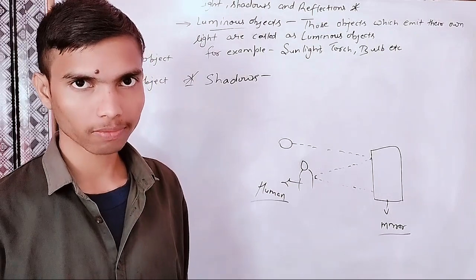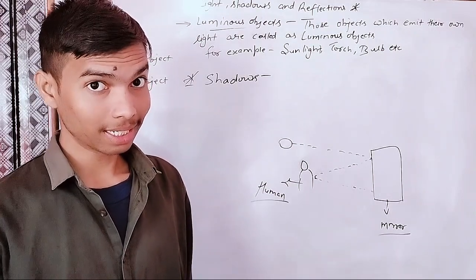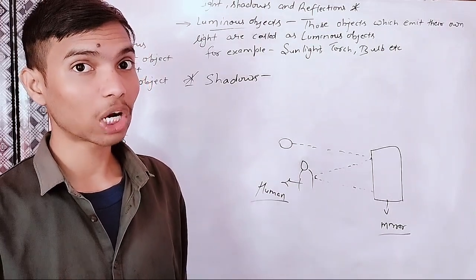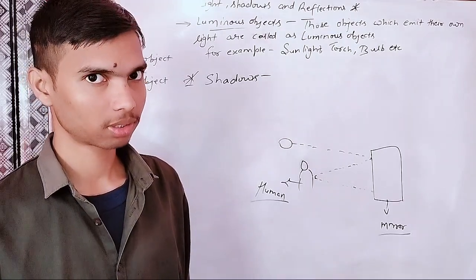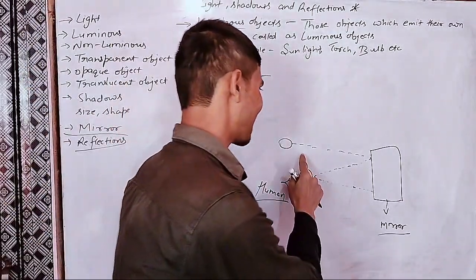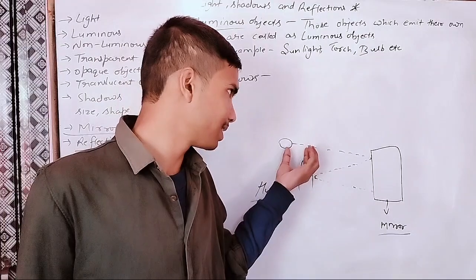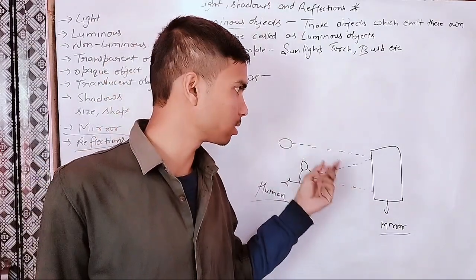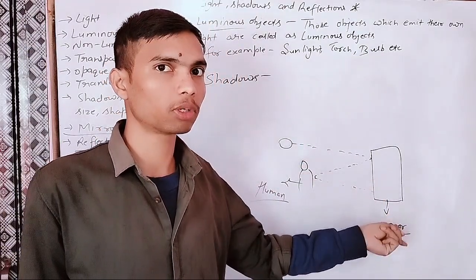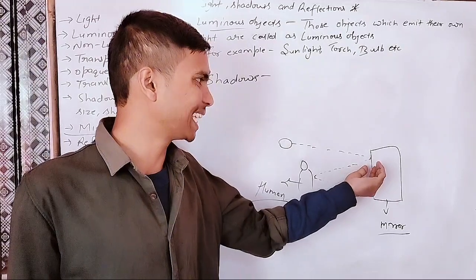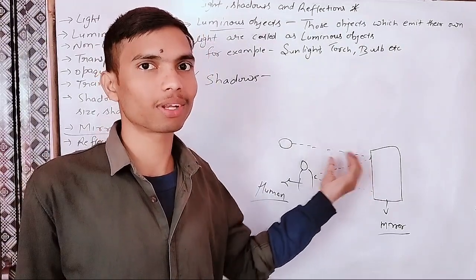Light is falling on the surface of the object, and we see reflection because of the opaque object. The light coming from the source falls on the surface of the opaque mirror, then it turns into another direction, which is reflection of light.